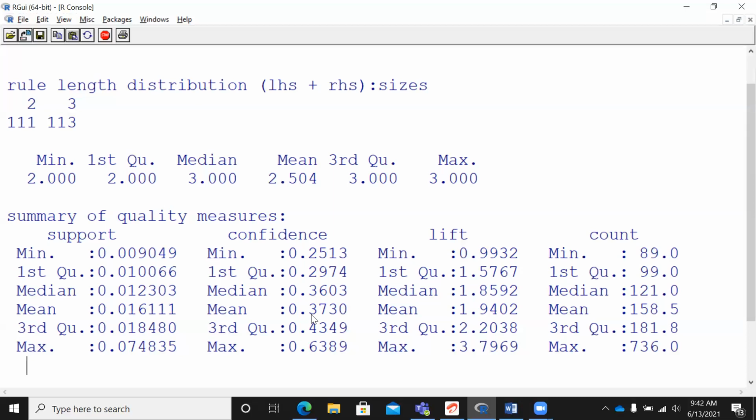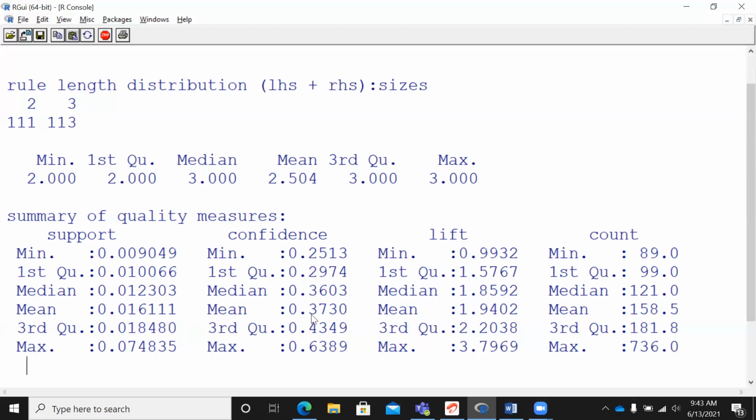So 700 people bought both apples as well as oranges. So 700 will be in the numerator, divided by the number of transactions that bought only apple. I repeat, in the denominator, you'll be looking at the number of transactions wherein customers bought only apple. So this represents the confidence.